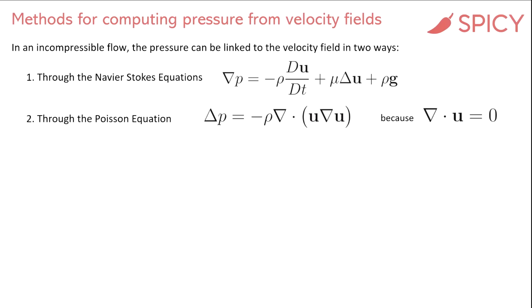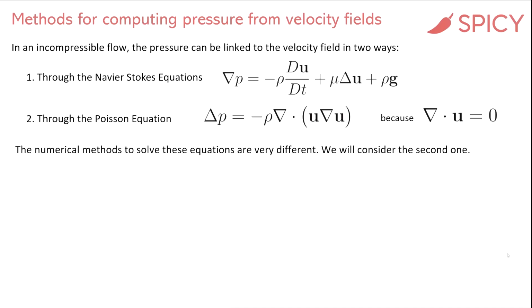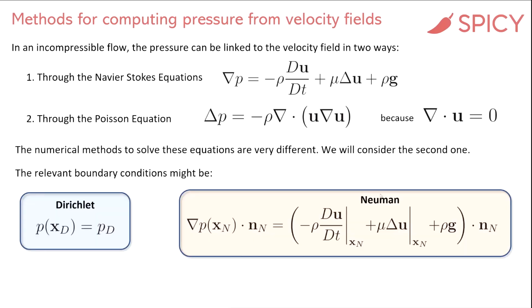Now, the numerical techniques that you normally use to solve these two equations are very different, and in this work we will only focus on the second one, because SPICY is working with the pressure Poisson equation. When we solve this equation, we usually do it using two kinds of boundary conditions. These are the Dirichlet boundary conditions and the Neumann boundary conditions.